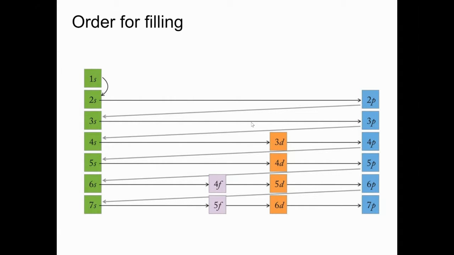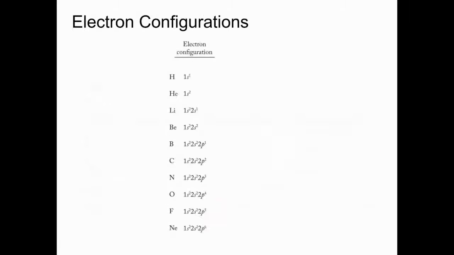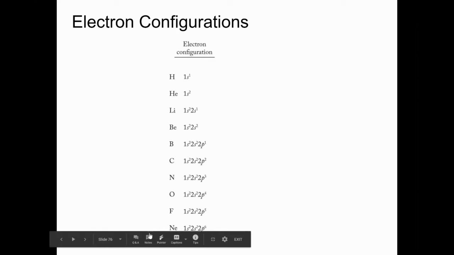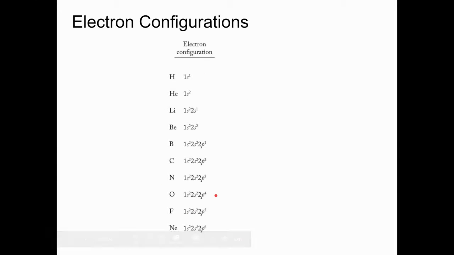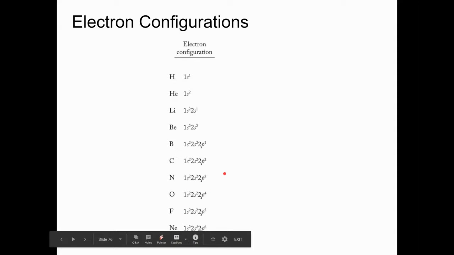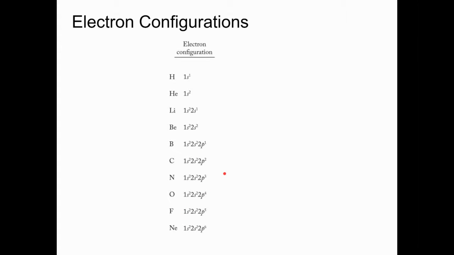If that's helpful, different people will find different images helpful, so figure out what works for you. All right, so here's a list of electron configurations from hydrogen to neon. We had a slide previously, and these slides are posted if you want to look through them more slowly, so that you can see how these electron configurations match up with the orbital diagrams.